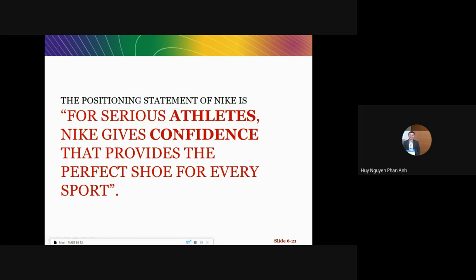The first one, you should tell your target customers or target consumer over here, to whom, okay, or for whom, for the serious athletes. And you must give the name of your company here, like Nike, okay, that's the second component. Next, the very important one is the value, or the unique value which you provide to your customers, okay? And then you can design the positioning statement. We have a little exercise about this later.